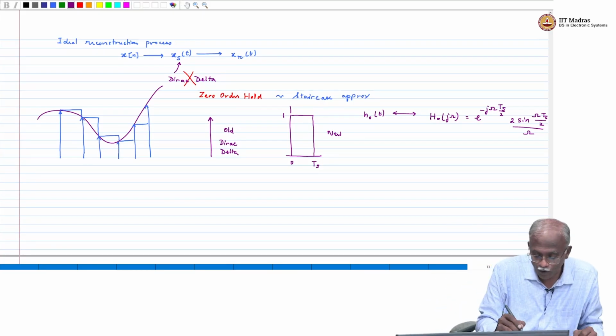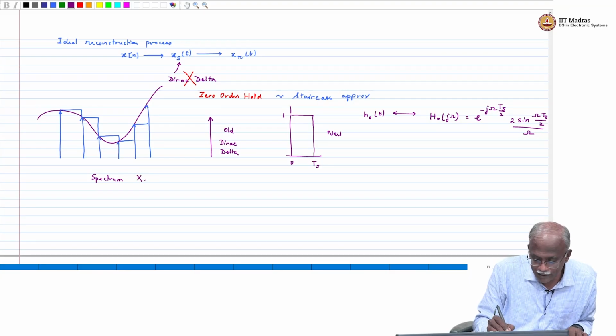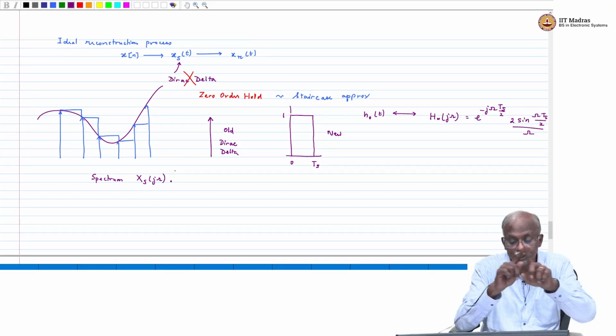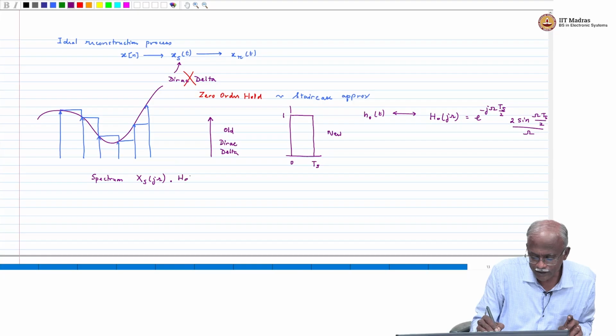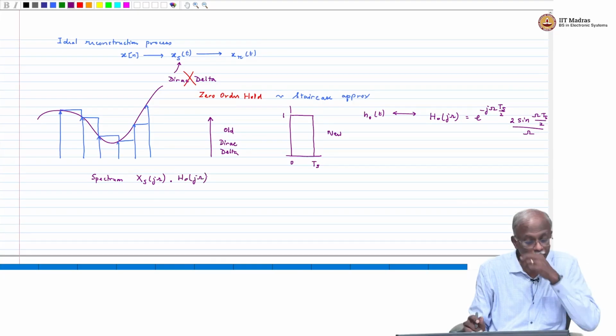The spectrum of the staircase function will be given by the original Xs of j omega, because it is convolution in the time domain, it is multiplication in the frequency domain, times H0 of j omega.